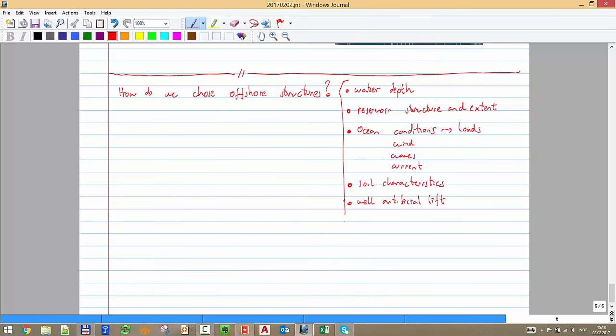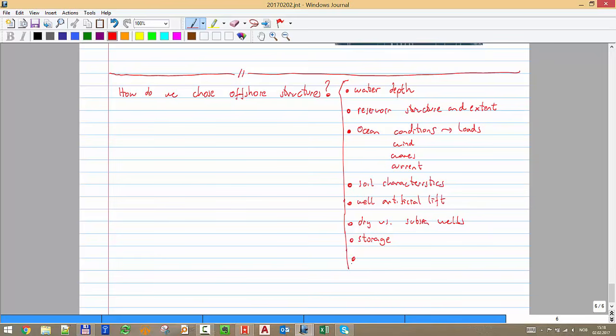And this reservoir structure and the well artificial lift, they are related to dry versus subsea wells. And also we have storage, if we need to have storage, and storage is related to the ocean conditions. Okay, so everything is kind of interrelated.